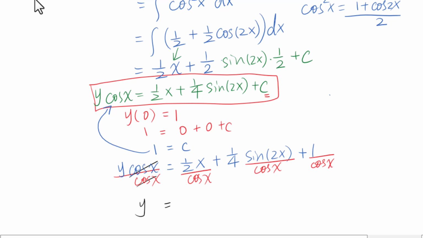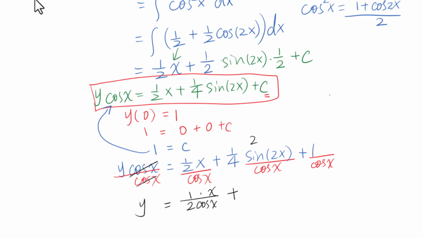Reduce: y equals 1/2 cosine x times x, then plus sine 2x is 2 sine x cosine x. Reduce: one half sine x.